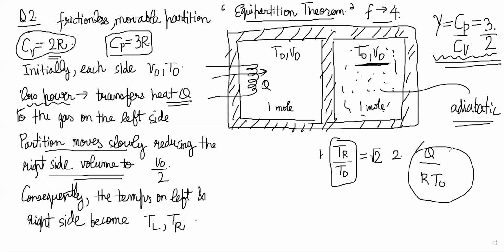See, if they ask you for Q by RT naught, they want you to do work, first law of thermodynamics on this gas, right? Then only you will get the Q term, right? So first law of thermodynamics on first gas is Q is equal to work done by gas 1 plus delta U for gas 1, right? You have to basically get both these terms. Okay. Now slowly you have to think of each thing, how to find that.